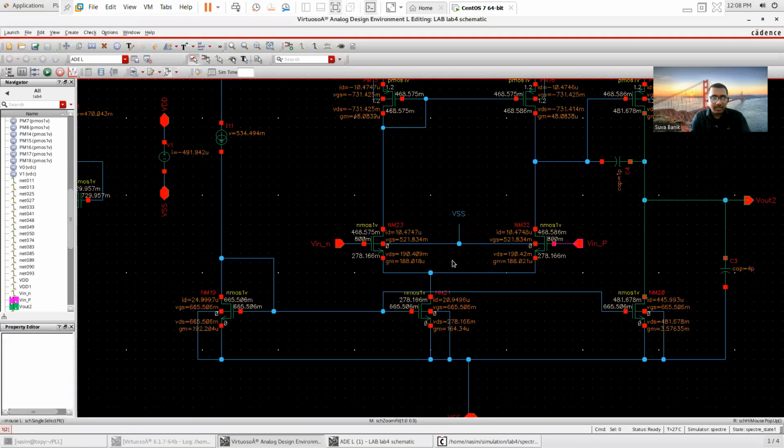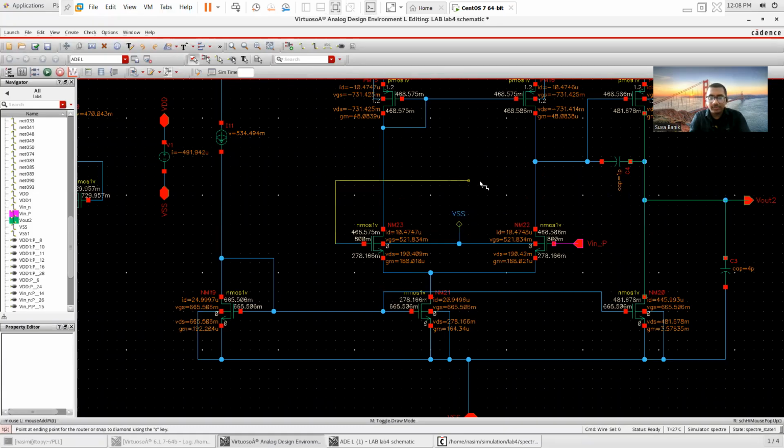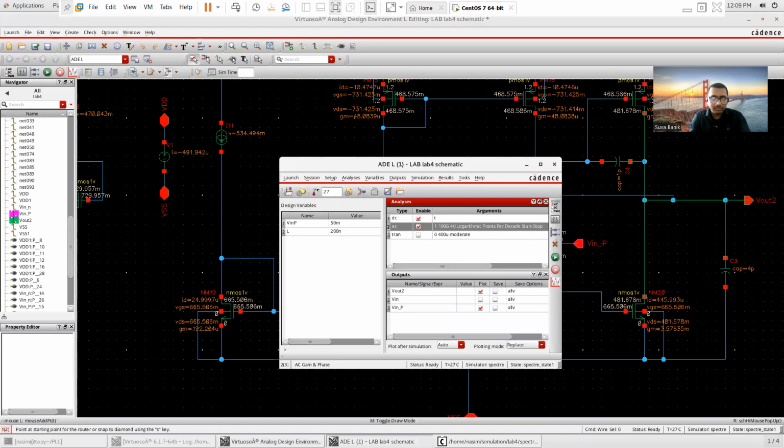Now let's try to check the unity gain performance of this circuitry. To check the unity gain circuit performance, I should connect my negative input to the output terminal. Now if I do a transient analysis, I can find my input and output.